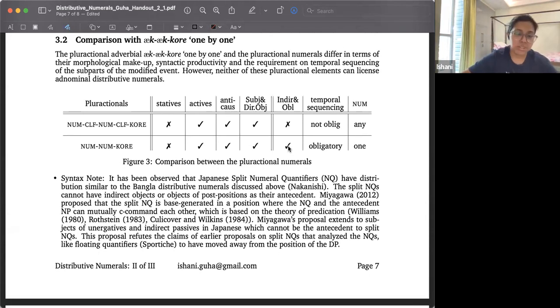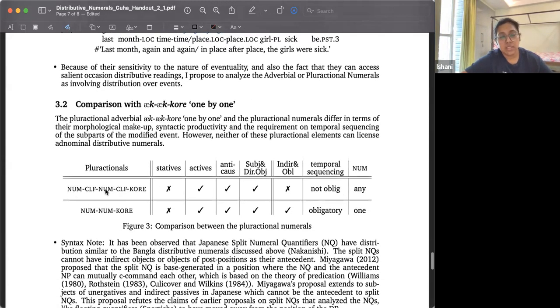That doesn't go with Aket Kore. Whereas, as we have already seen above, with the adverbial numerals temporal sequencing is not obligated. It is one of the readings that it definitely signals, but it's not obligated. You can use it in contexts where all of them are doing something at the same time.